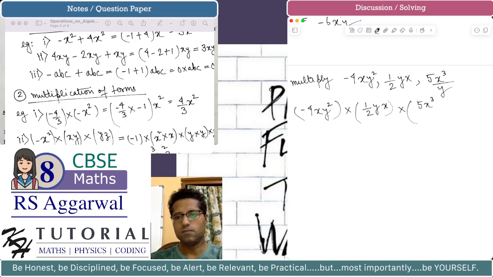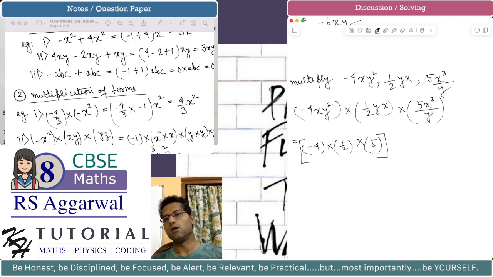What is the procedure? We first multiply all the numerical coefficients of the terms. That is, I have minus 4 multiplied by half multiplied by 5. This product will be the coefficient of the final result.